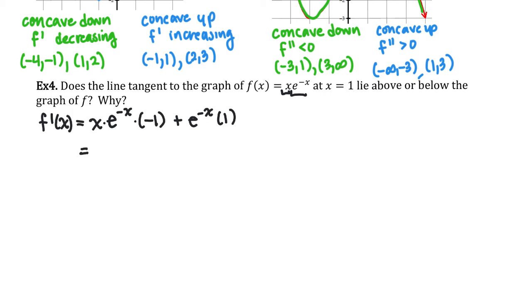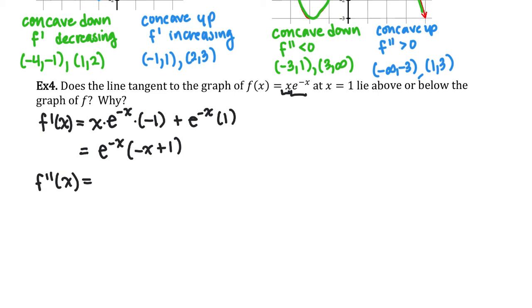Let's factor out the e to the negative x: e to the negative x times negative x plus 1. You can also leave it distributed. It's up to you. I need to do the second derivative, so I felt like leaving it as a product might make it a teeny bit easier for me, but we'll see.